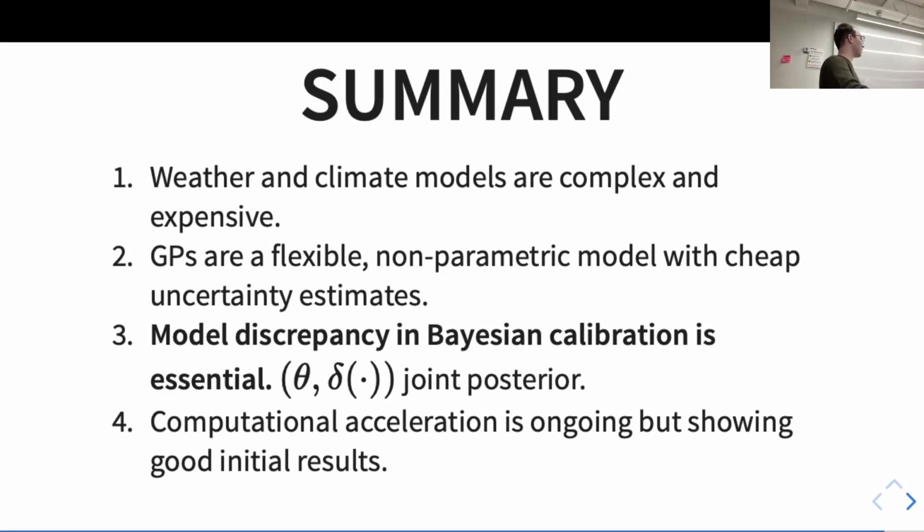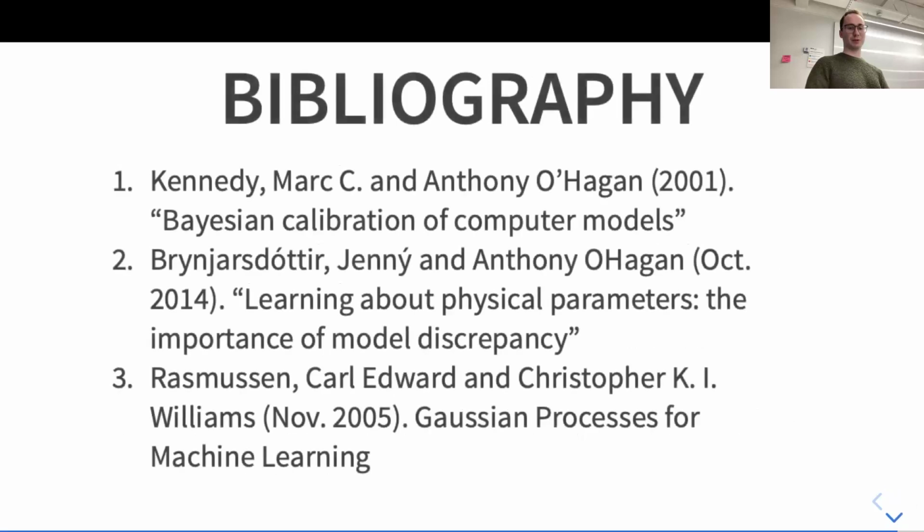And I think that's the point that I really want to get across from this, is that you're not trying to just fit your model parameters with this, you're also fitting a model discrepancy term. So you fit your model parameters and you learn what's wrong with your simulator. And the computational acceleration is ongoing. And I have a bibliography that I'm not going to run through because I think I'm out of time. Thank you.